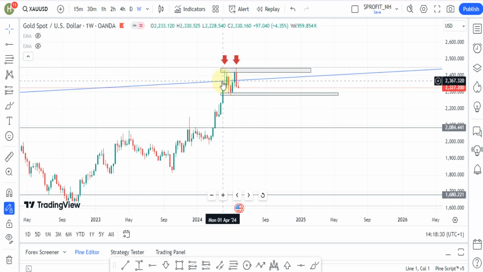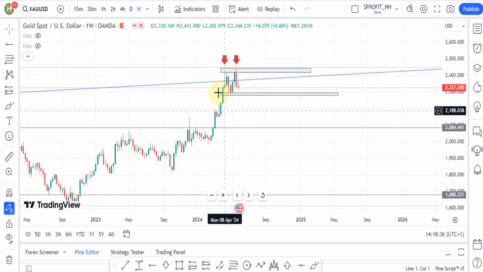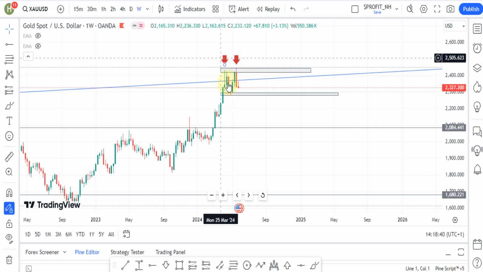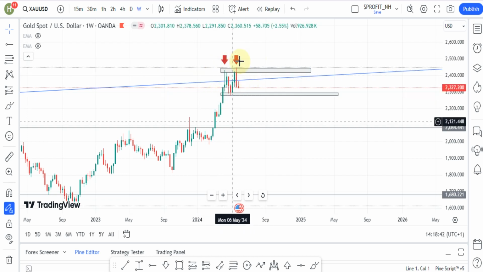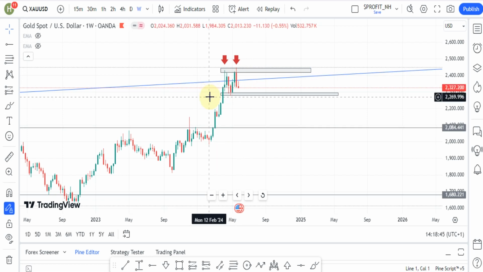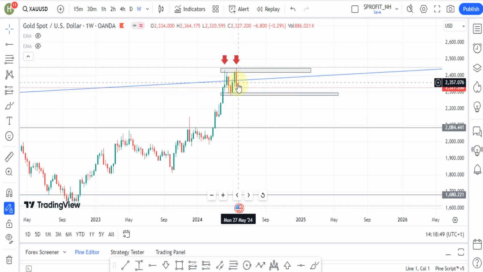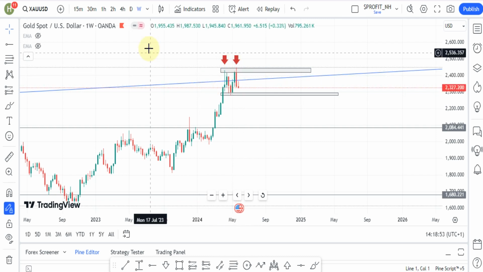Then after seeing these kind of rejections at this point, we have another reason why we may be looking for a reversal, because this market is giving us double tops at this key area again, where we're having that rejection. Then after that, we have this bearish engulfing candlestick from the previous week at this point.